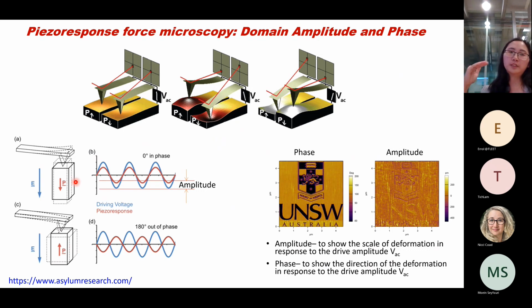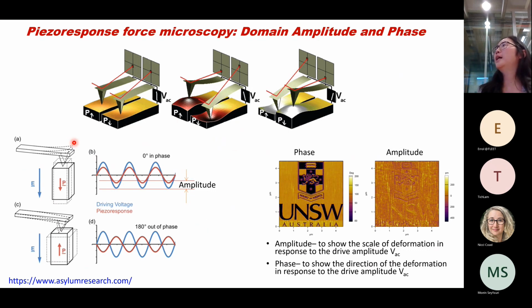And this shape change has a vibration with the same frequency as the input drive voltage, the AC bias. So what happens is the up or down polarization domains will show in-phase or out-of-phase response to this AC bias.